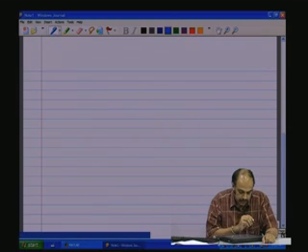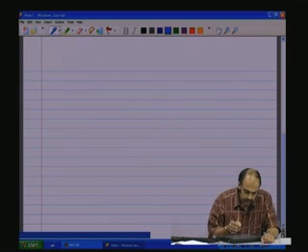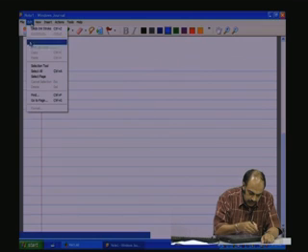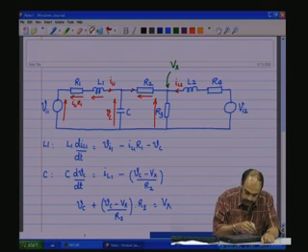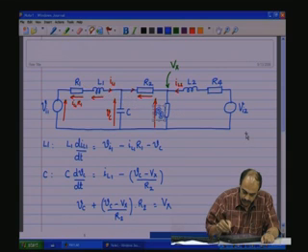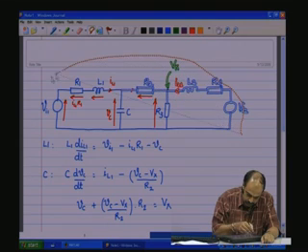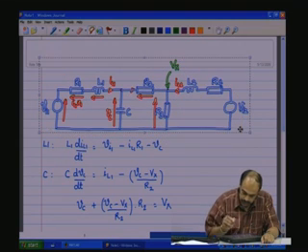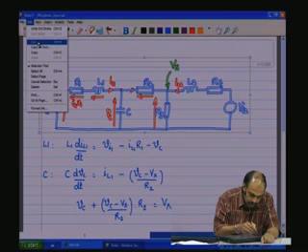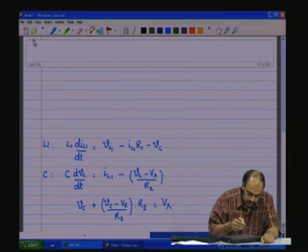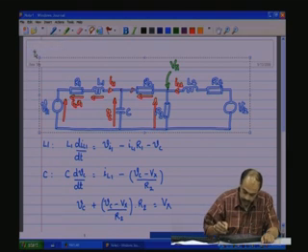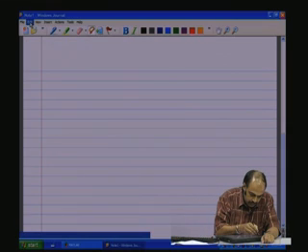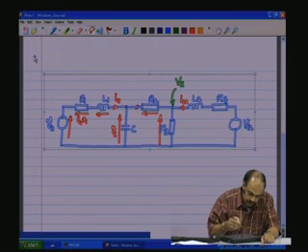Let me go to the new page. Let us select, go to the previous, and now let me copy all these things, copy, and then we go to the next page, paste.